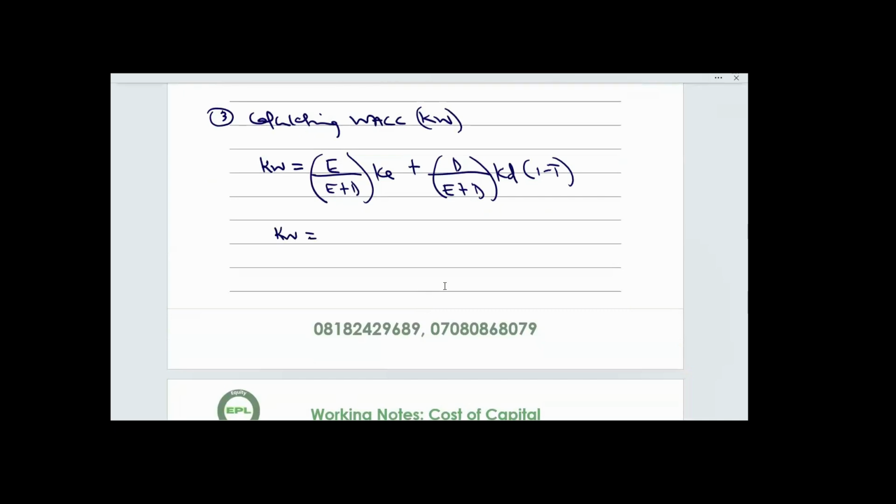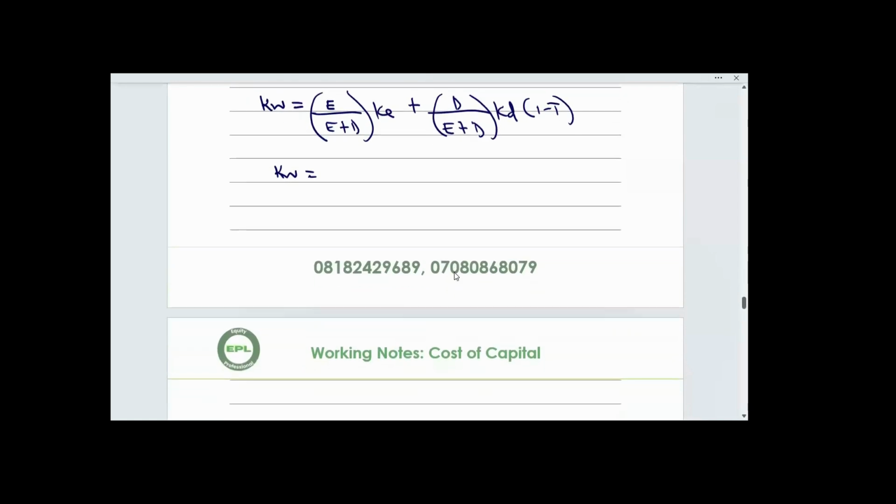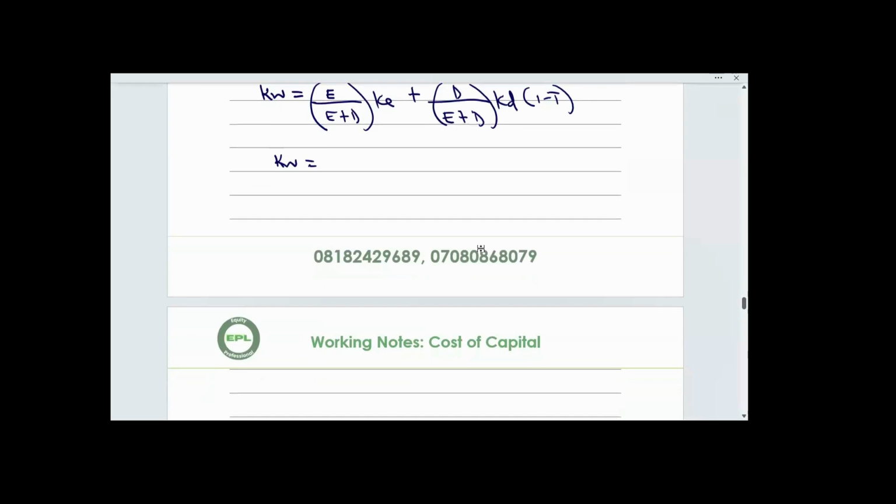We've already calculated the market value of equity. In this question, the examiner did not ask you to use book value, so market value is implied. You only use book value to calculate weighted average cost of capital if the examiner asks you. Once you are not told, just go ahead and use market value.